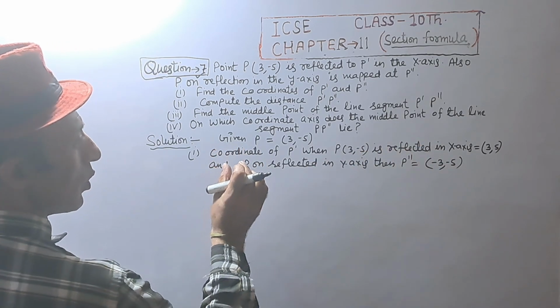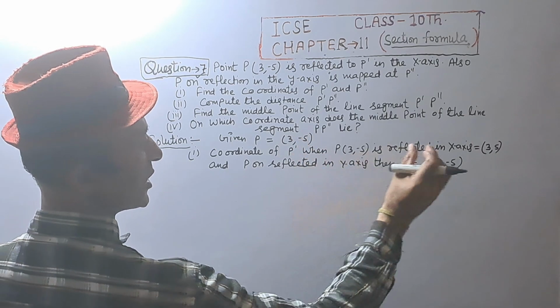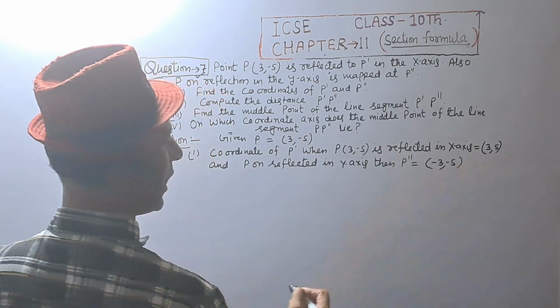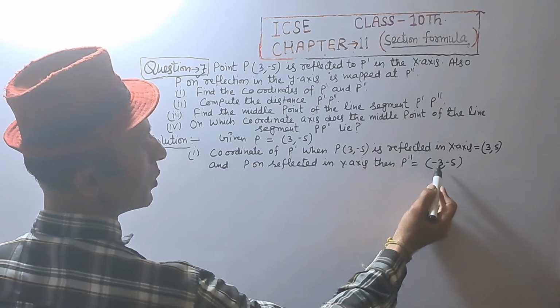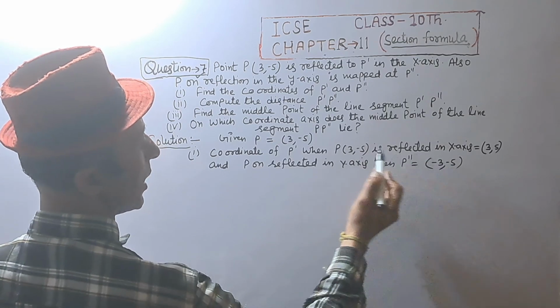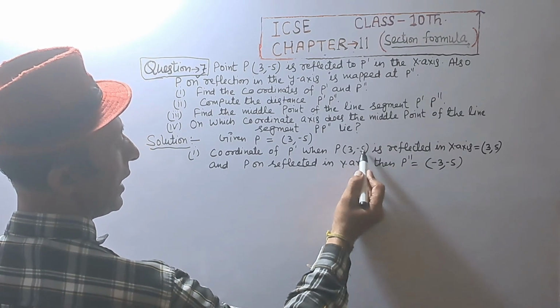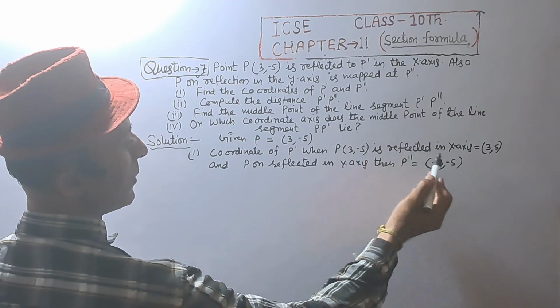So the coordinates of P dash is equal to (3, 5) and P double dash is equal to (-3, -5).